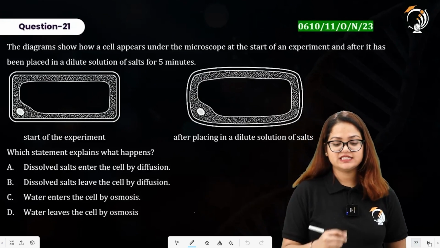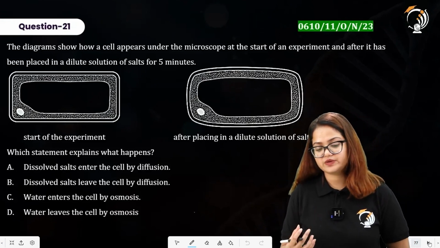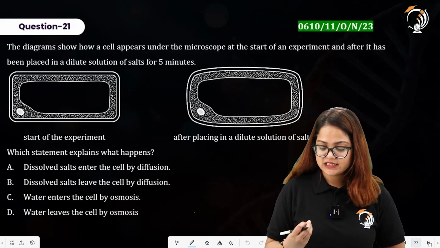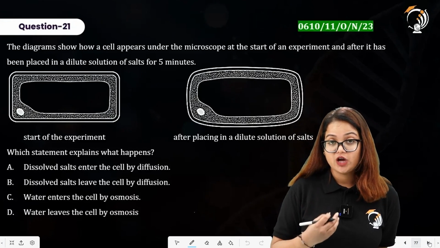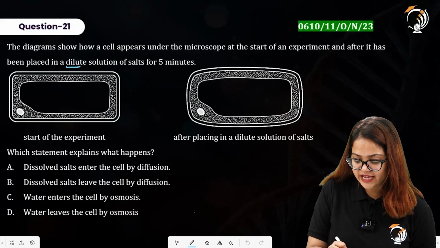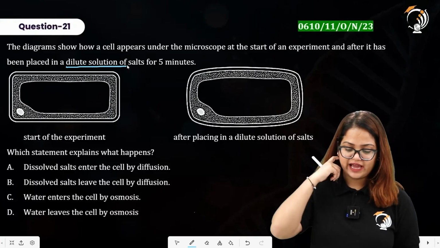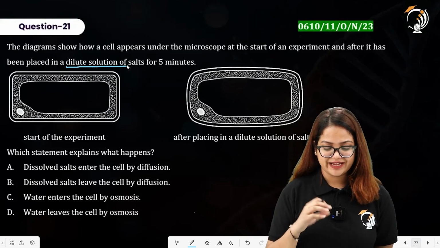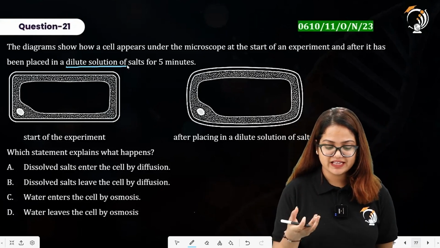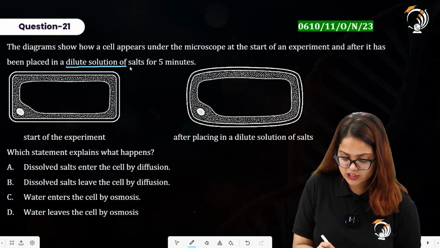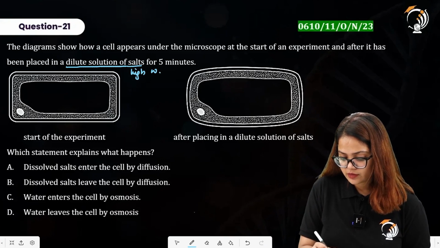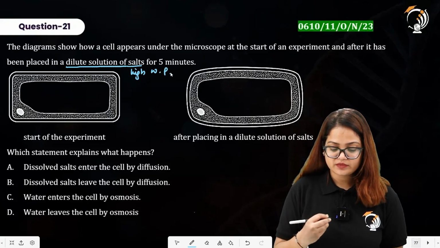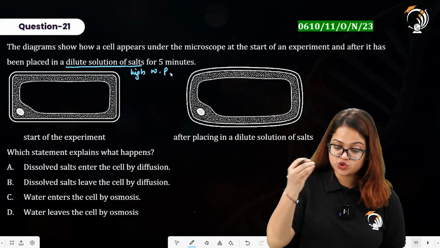Question number 21 says the diagram shows how a cell appears under the microscope at the start of an experiment and after it has been placed in a dilute solution of salt for 5 minutes. Since it has been placed in a dilute solution, it basically has a high water potential. The water will move into the cell.